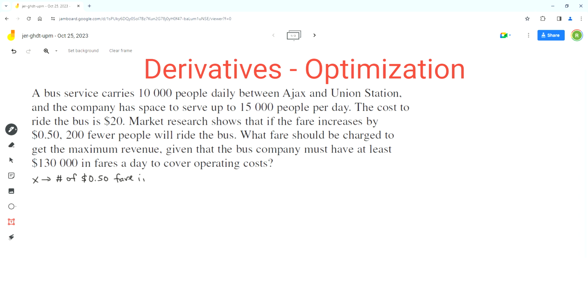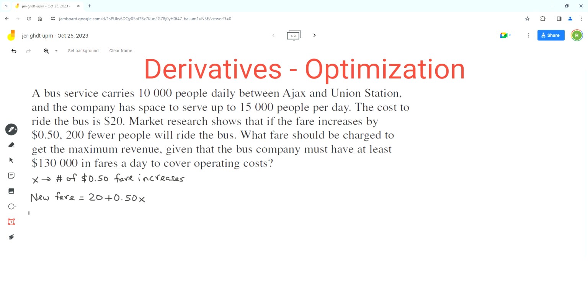So we have to find out by how many 50 cents should the fare be increased. So the new fare in terms of x will be 20, the existing fare, plus 0.50x.